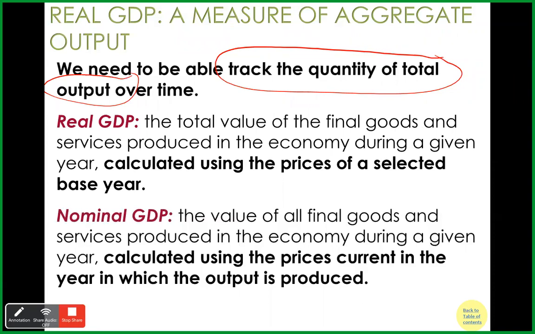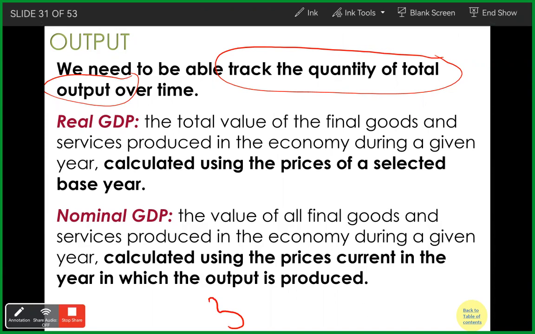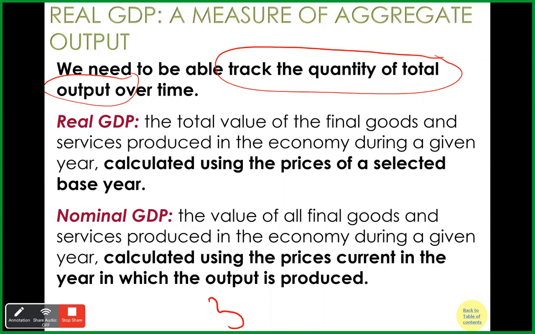Just think about a simple extreme example. If the economy only produced two cars, last year you produced two cars, and this year also two cars.